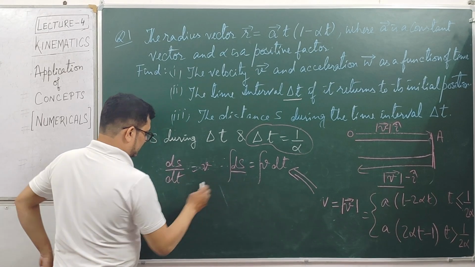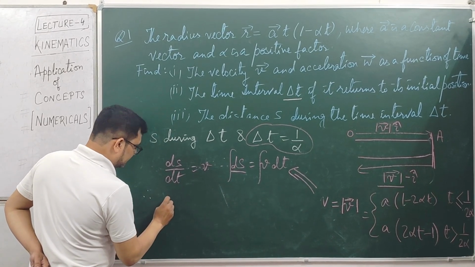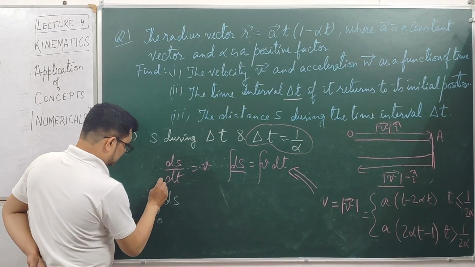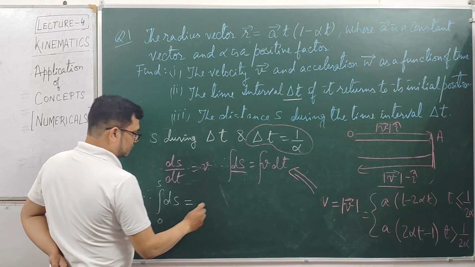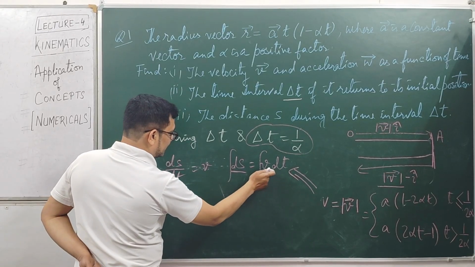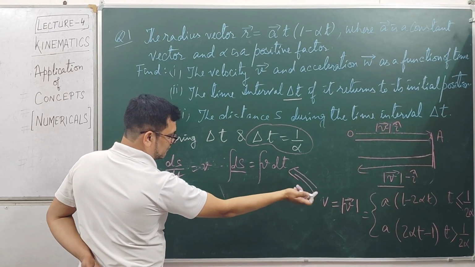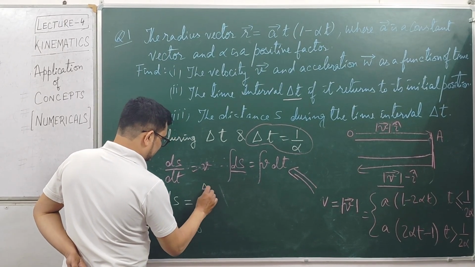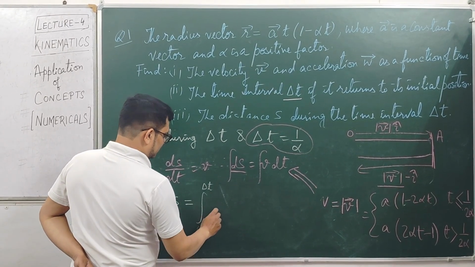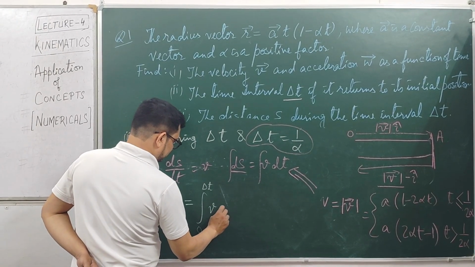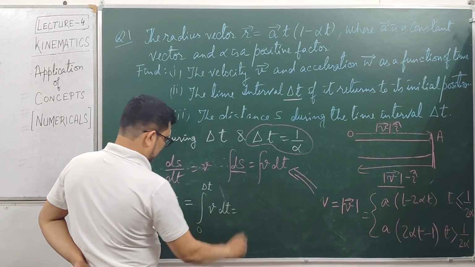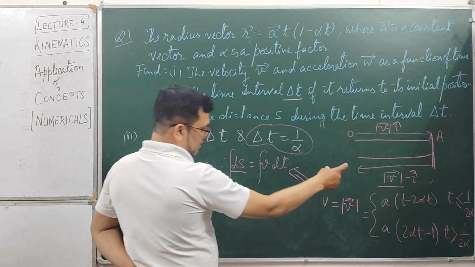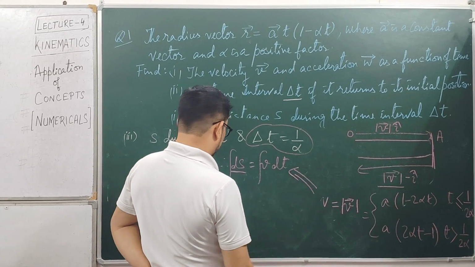So now we'll continue from here. Therefore, this ds that we need to integrate from 0 to s is going to be v dt, right? And we know v, we have the values there. So we integrate this from 0 to delta time t, v dt. Now this is divided into two so that we have different functions there.